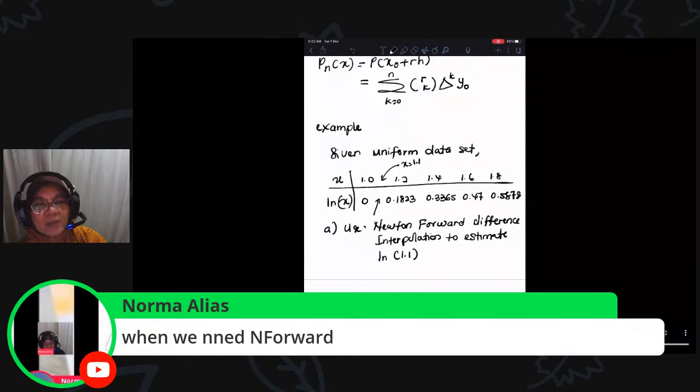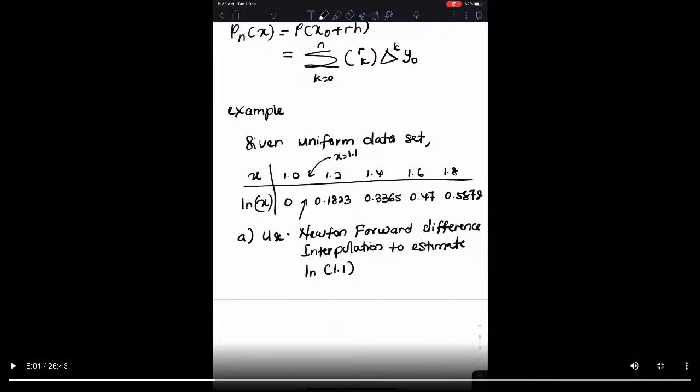For example, if I want to find the value of ln 1.7, I need to use backward. We use forward when the missing data is near to x0. Be careful, because this is a common question during the final exam.